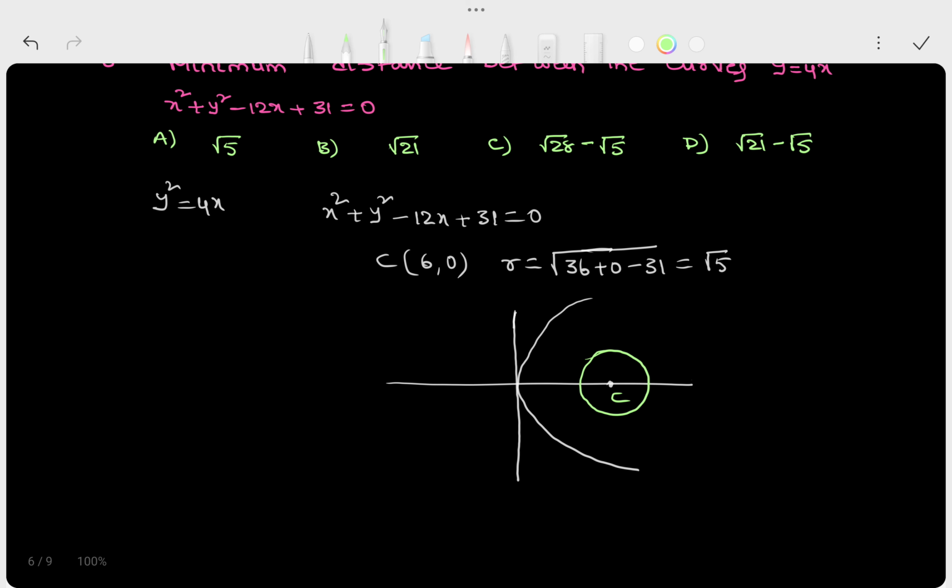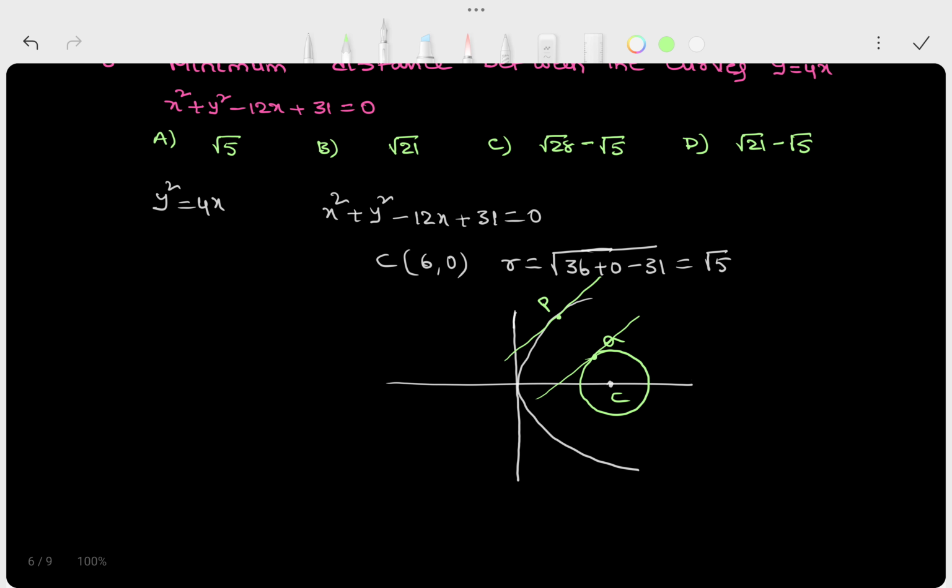This is the center. Now according to the concept, you have to take one point here and another point here. This one is the Q point. At point P you draw one tangent, and at the other point you draw another tangent.